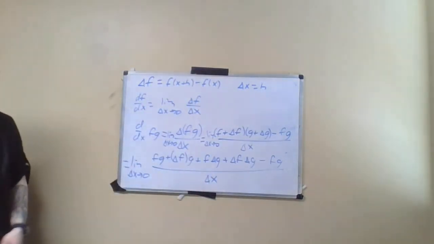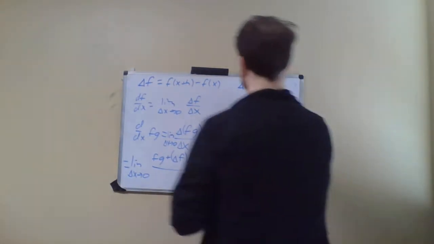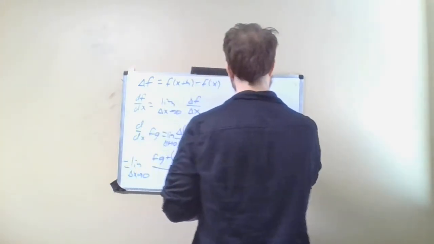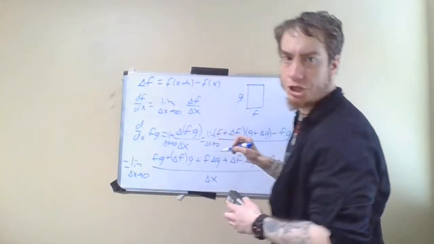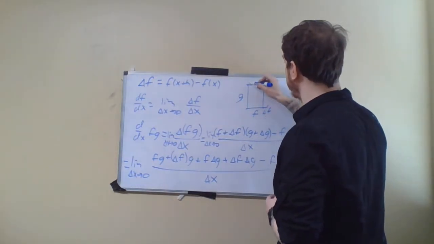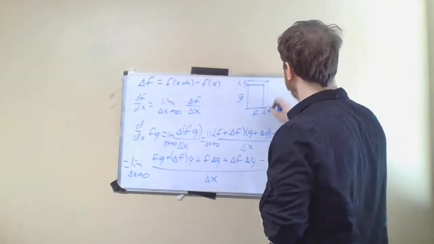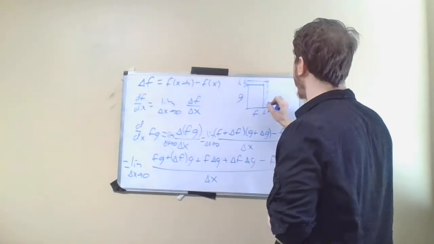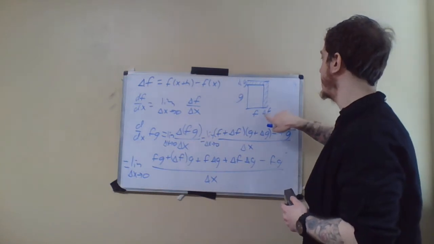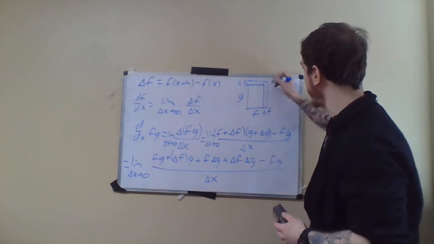Now this seems rather annoying and confusing, but there's actually a very nice geometric way of understanding this. If we think about a rectangle whose one side is length f and whose other side is length g, and I change f by a little delta f and change g by a little delta g, then the total change in f times g is going to be this whole region, which requires me to take delta f times g, delta g times f, and delta f times delta g, right?